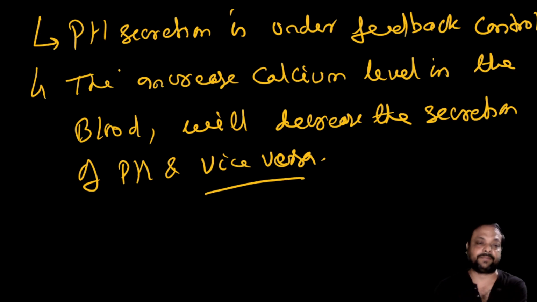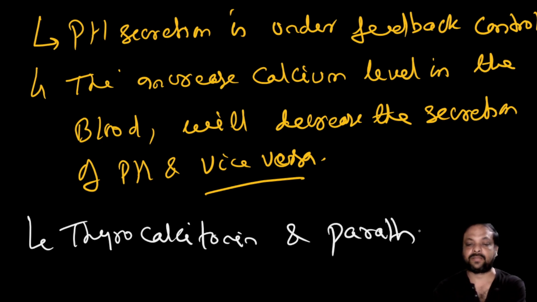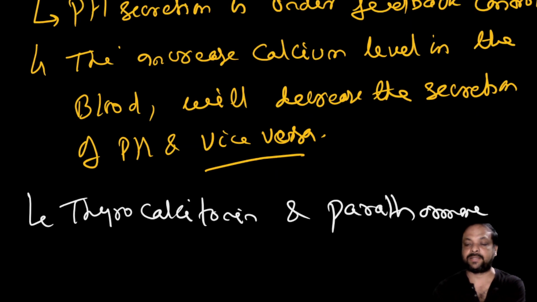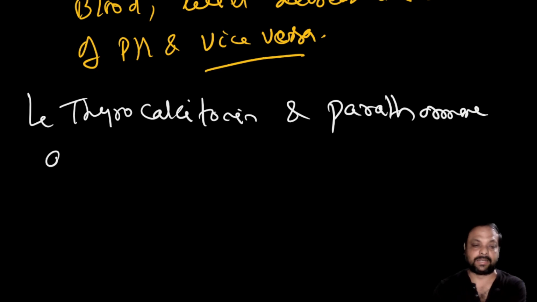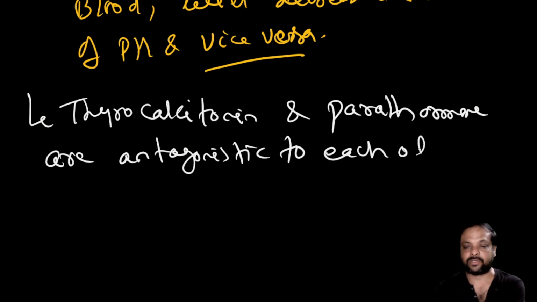And also we know that thyrocalcitonin and parathormone, they both are antagonistic to each other.